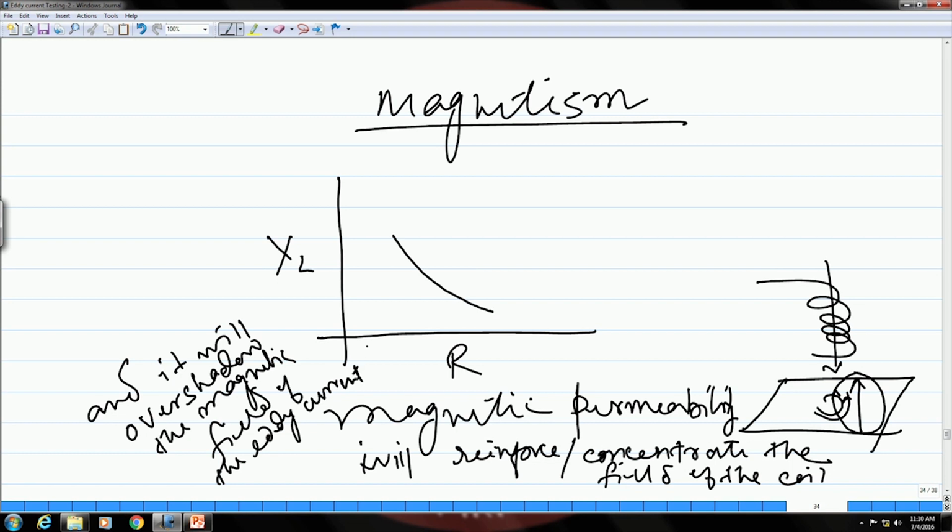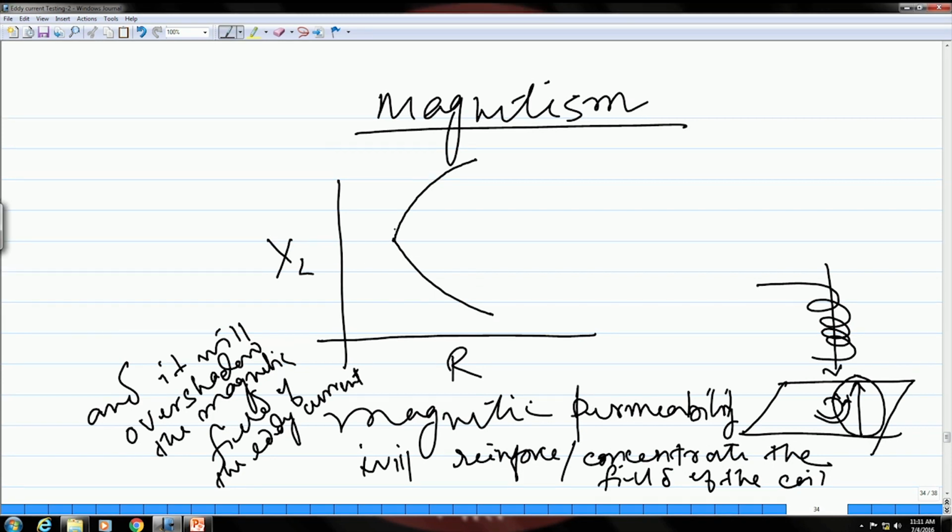As a result, as I said, now the reactance will increase and the lift off curve in that case will be like this. Resistance is anyway going to increase, because you are drawing energy from the primary coil, but in this case apart from resistance, the reactance is also increasing, and as a result the lift off curve will go up instead of going down like what you had in case of non-magnetic materials.